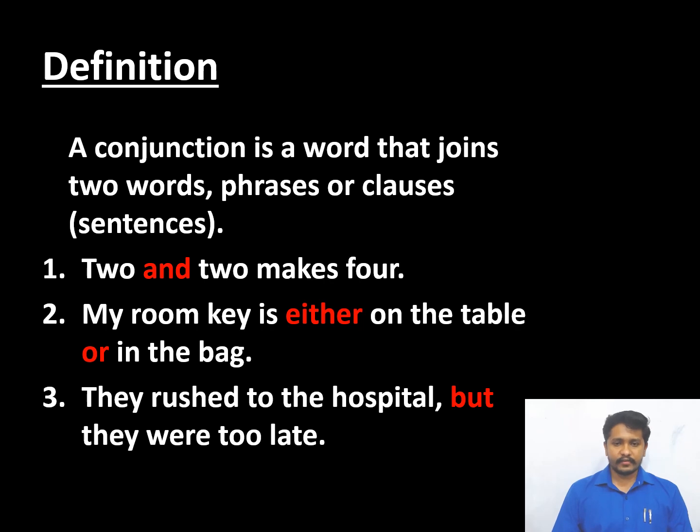So as per our definition, a conjunction is a word that joins two words, two phrases or clauses. That is what we are calling sentences. In the first example, the conjunction "and" joins two words. In the second example, the conjunction "either... or" joins two phrases. And in the third example, the conjunction "but" joins two clauses.